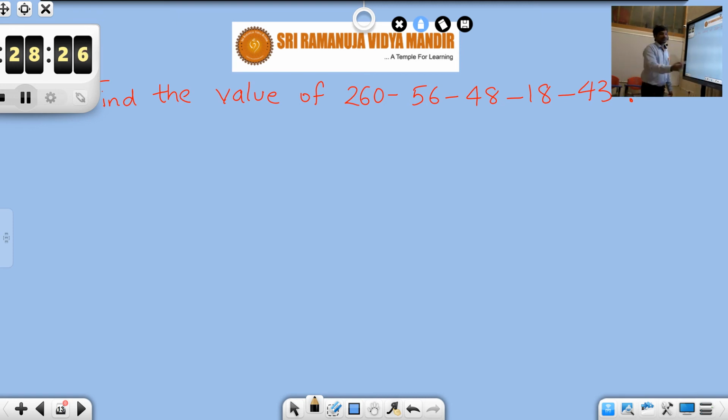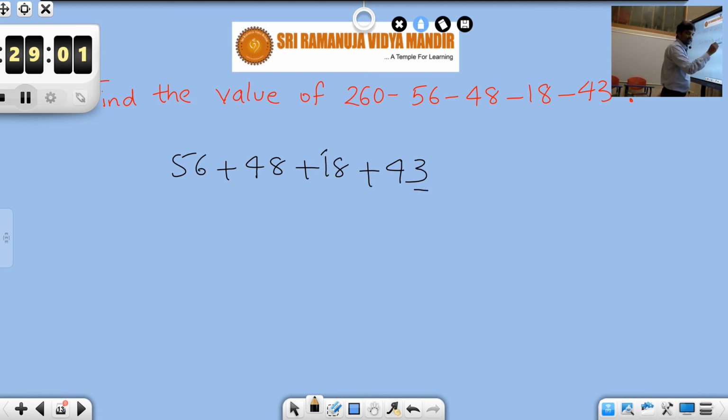Orally we can do it, or we can initially find this sum: 56 plus 48 plus 18 plus 43. 56 plus 48: 56 plus 8 is 64, 64 plus 40 is 104, 104 plus 8 is 112, 112 plus 10 is 122, 122 plus 3 is 125, 125 plus 40 is 165.